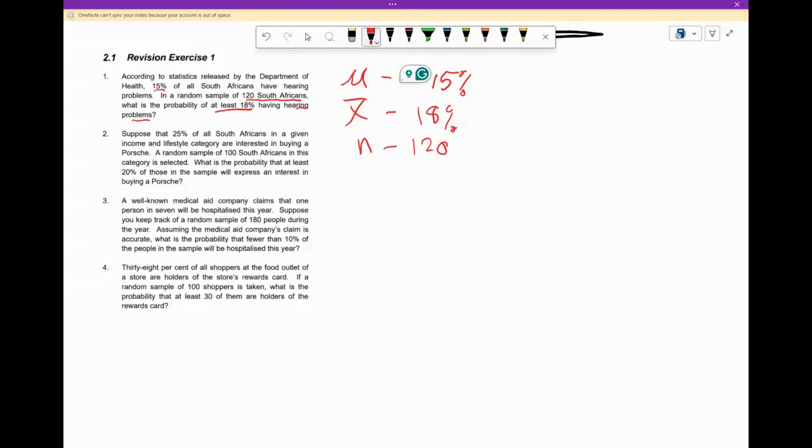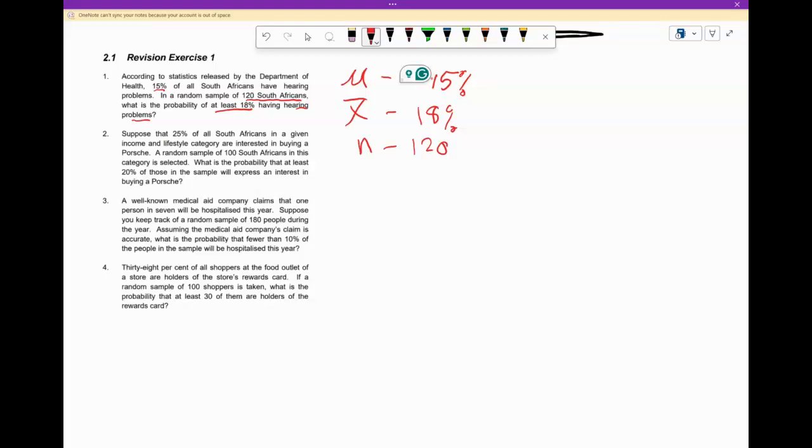Now, before we can calculate or do anything, we need to understand the question. Here they said, what is the probability of at least 18% having hearing problems?